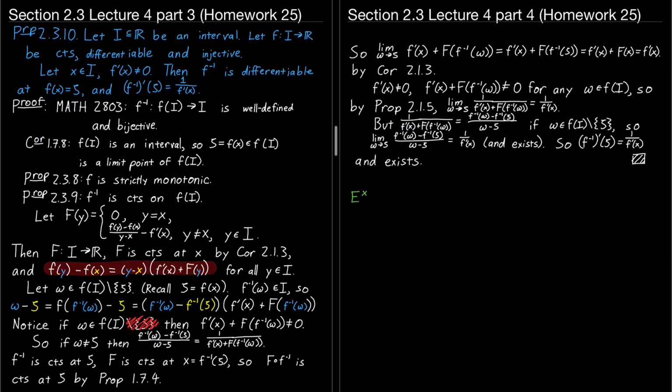So as an example, let n be a natural number and f of x be x to the n. F is 1-to-1, continuous and differentiable.